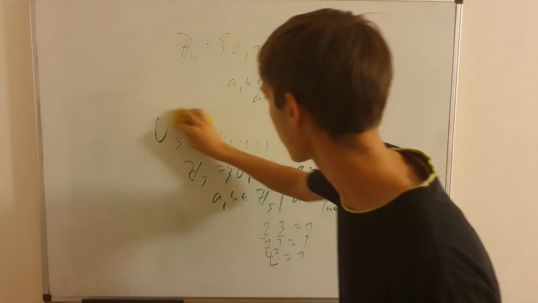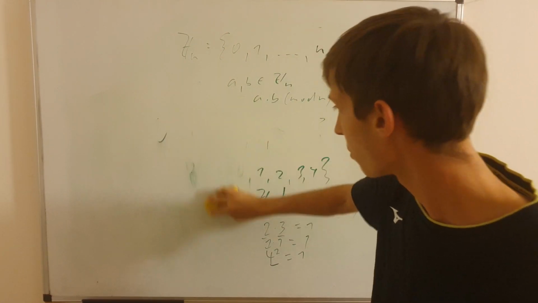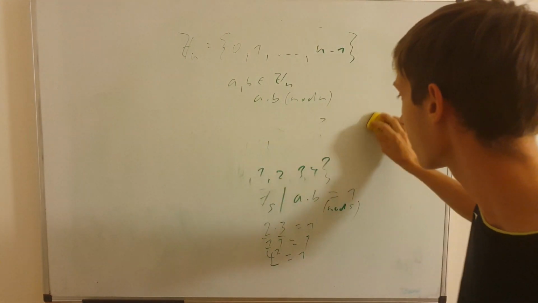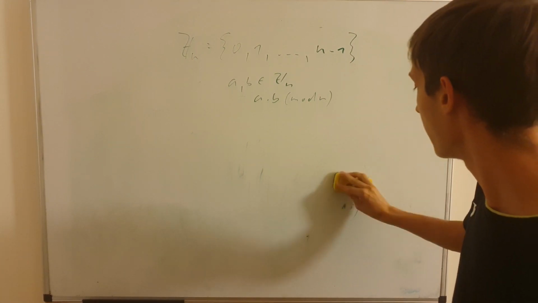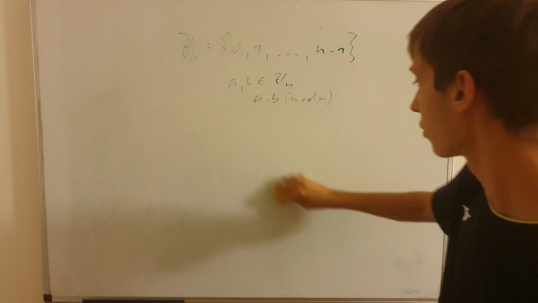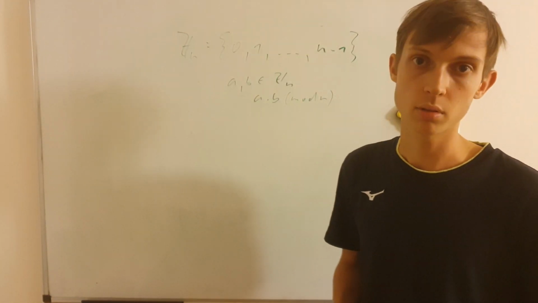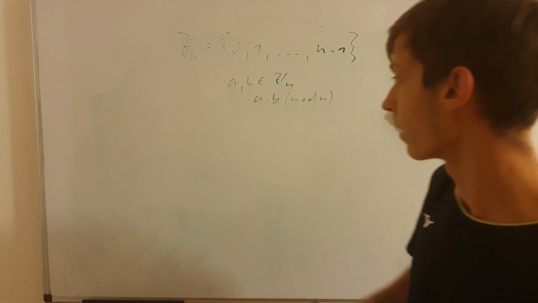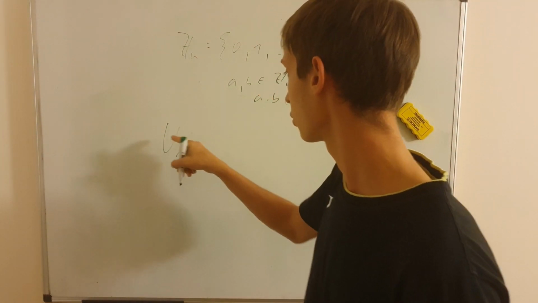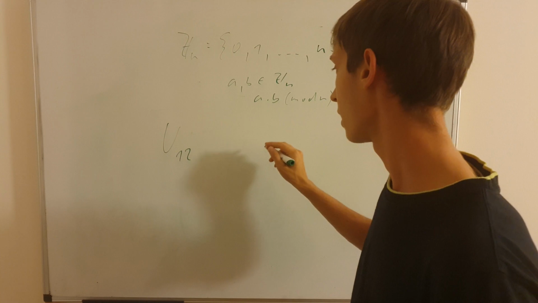So let's look at the more explicit way to yield the elements of the group of units without knowledge of the parallel integers modulo n. So let's do group of units 12, for example.